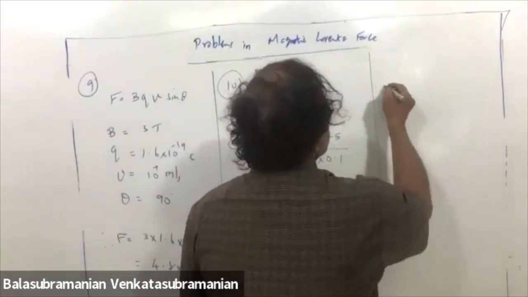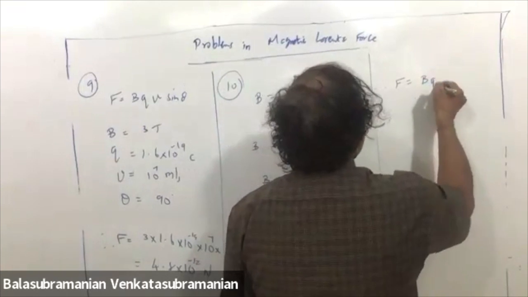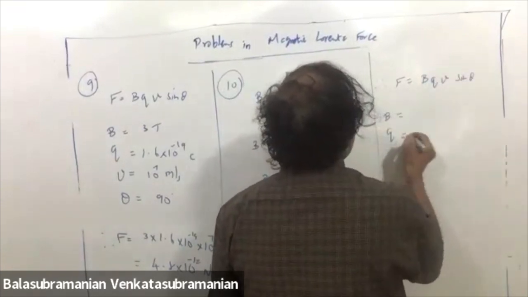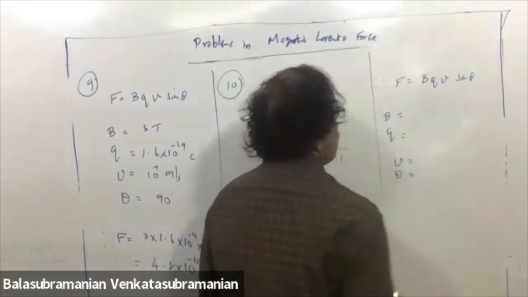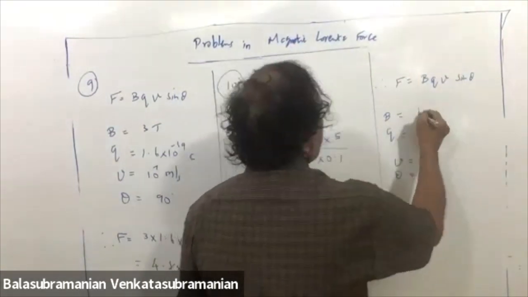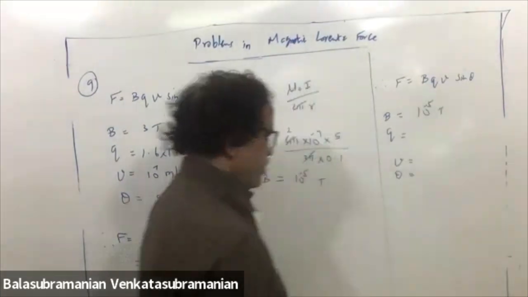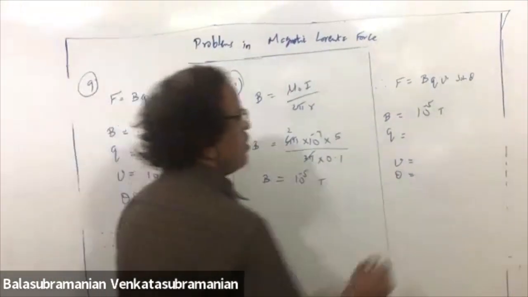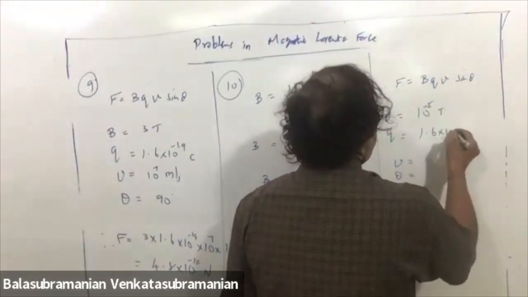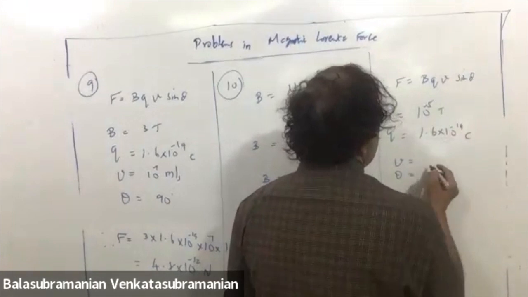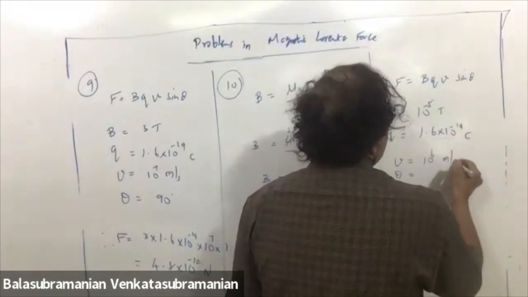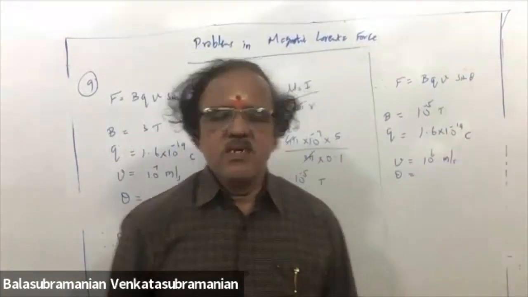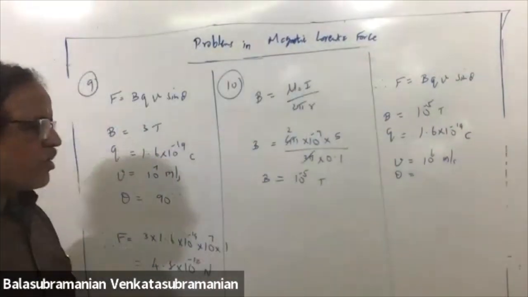Now you calculate the force. Therefore F is equal to BQV sin theta. B is 10 power minus 5 Tesla, charge of electron 1.6 into 10 power minus 19 coulomb, velocity 10 power 6 meter per second, theta moving perpendicular 90.